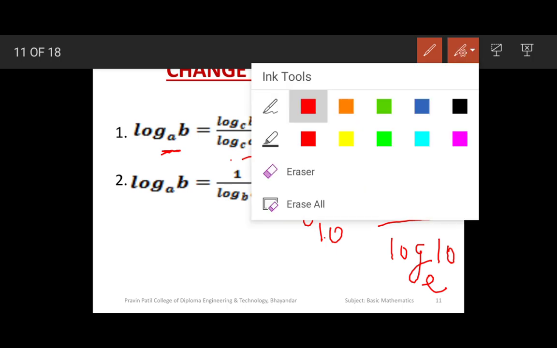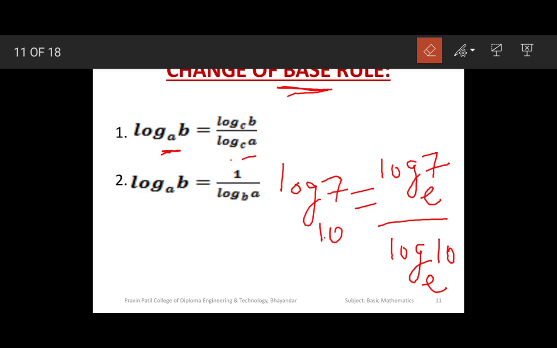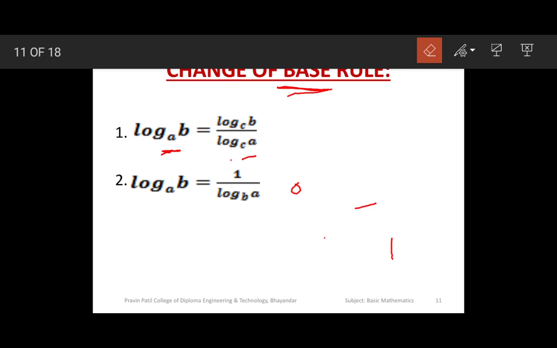Now, there is one more formula for the change of base rule, and that formula says that log B to the base A is equal to 1 upon log A to the base B. Can you see what is happening here?